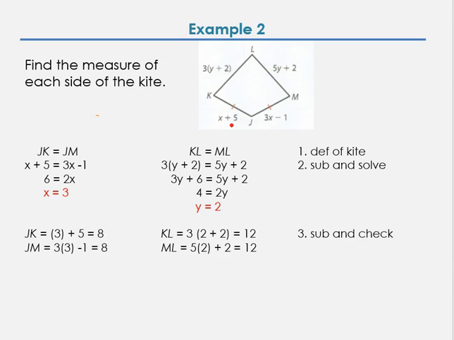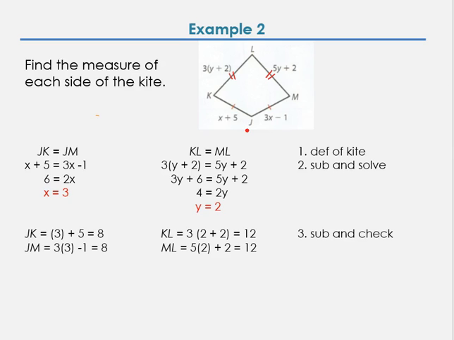But if this is a kite, then that means that KL is congruent to LM or ML. So now when we figure out the math here, we have to keep those things in mind.